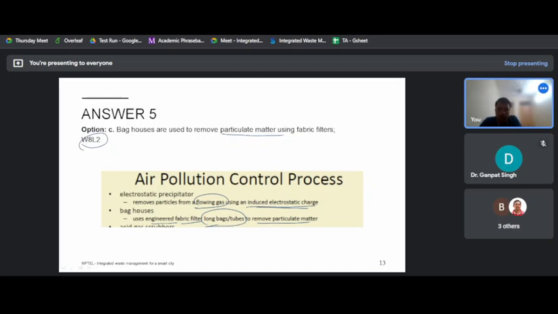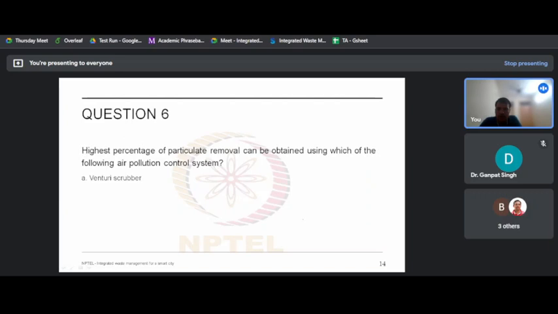Moving on to question number 6. The highest percentage of particulate removal can be obtained using which of the following air pollution control systems? Given options are Venturi scrubber, spray dry absorber, packed bed wet scrubber, and dry electrostatic precipitator.